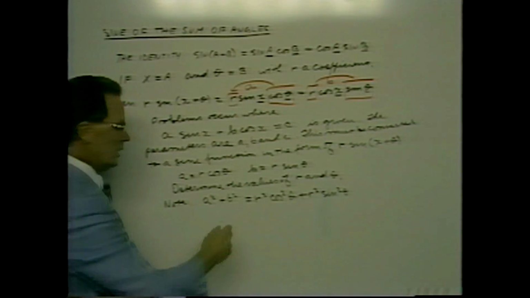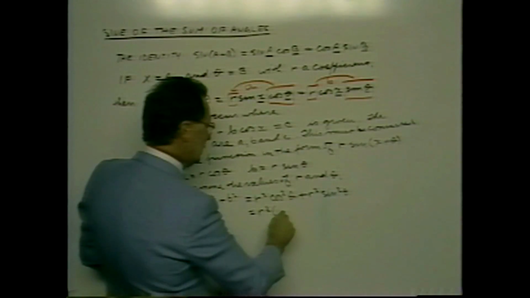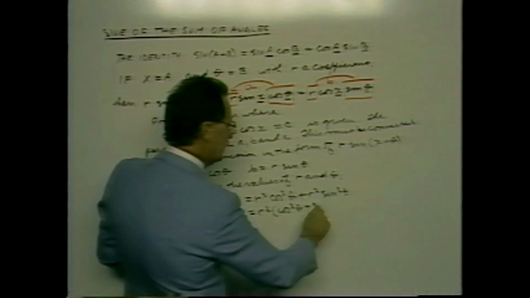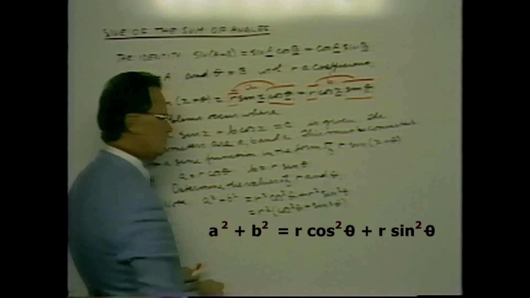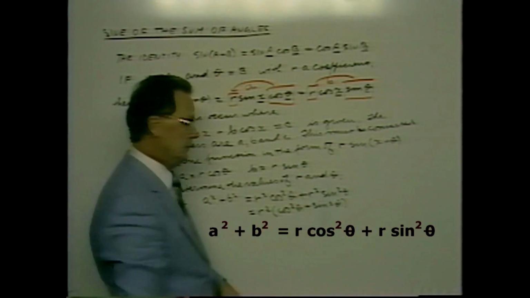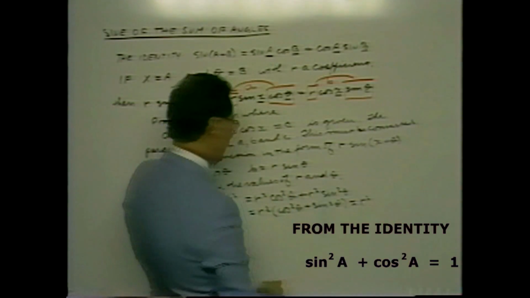R squared is a common factor on the right-hand side, and if we extract it and rewrite it, we end up with r squared multiplied by cos squared theta plus sine squared theta, and we have shown you earlier that that is equal to 1, so r squared times 1 is r squared.